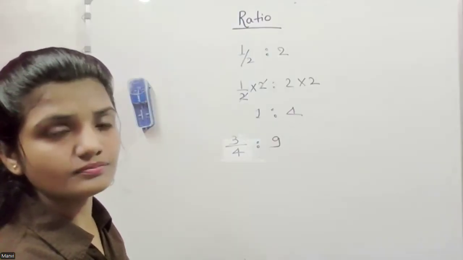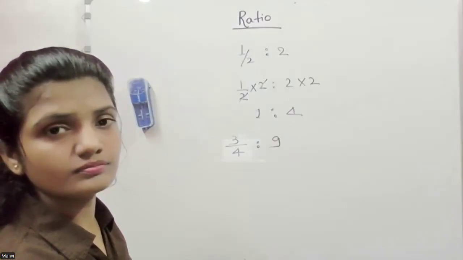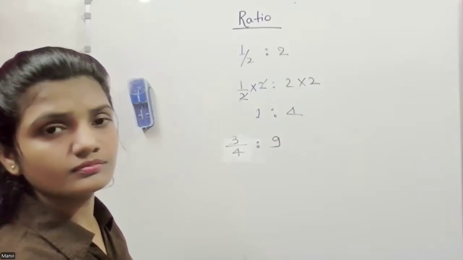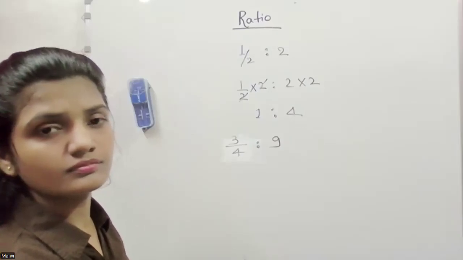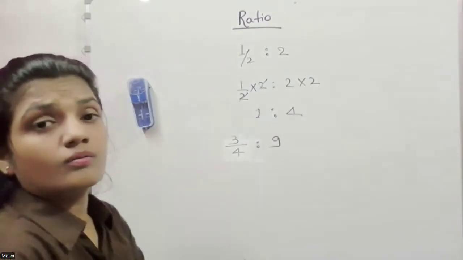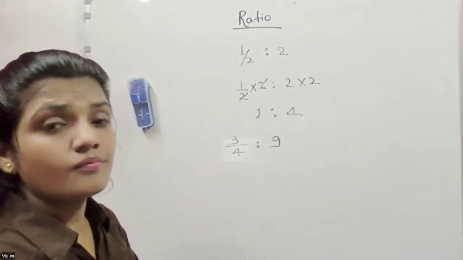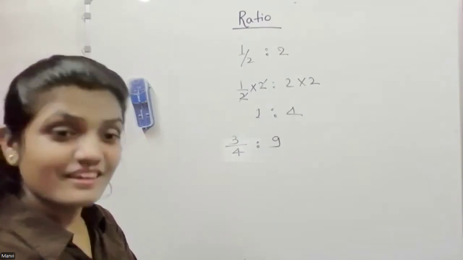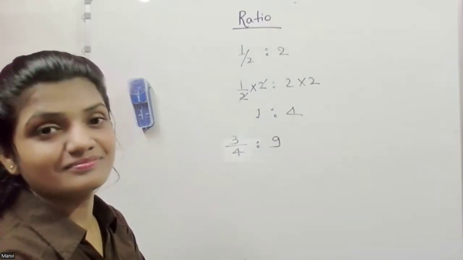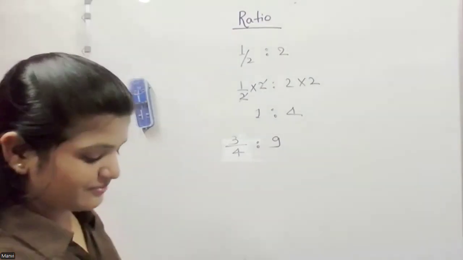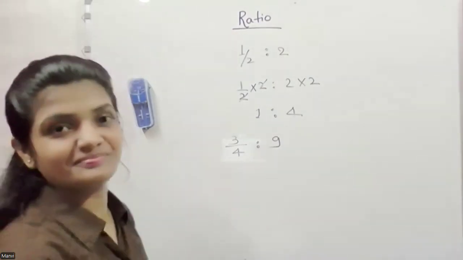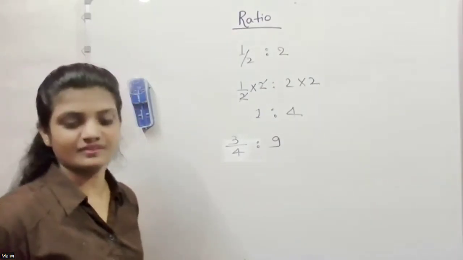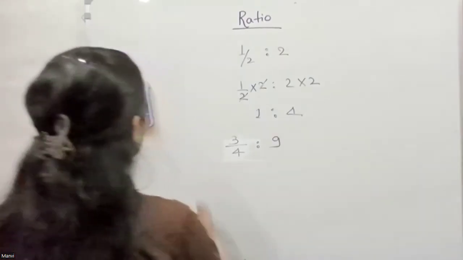Then I replaced 3/4 with 3. Then it was 3:9, and then I decreased. So 9 times 3. Oh, it should have been 9 times 4. So the answer should have been 1:12. Yes, I just checked. Very good.